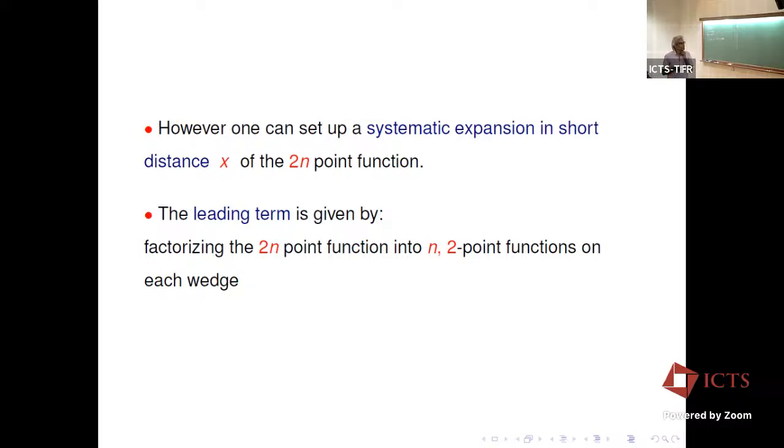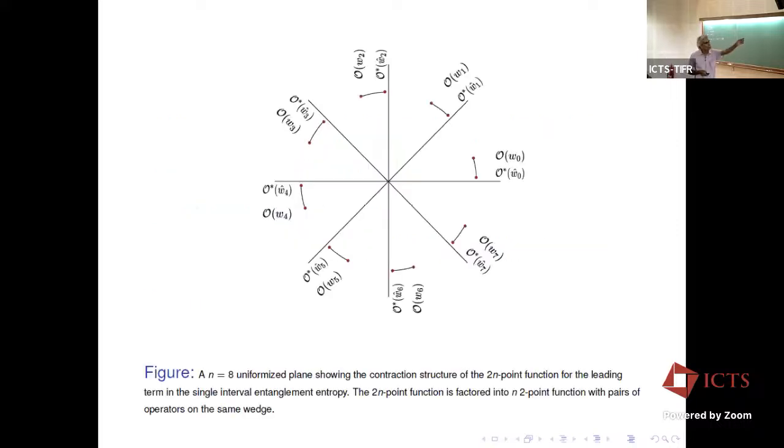So the leading term in the 2n point function is when you Wick contract, or you bring these operators very close by, because the distance between these two, they are on the circumference of the unit circle, is 2 pi x. The first contribution is just, you contract these, you bring them together, because that's the OPE expansion. So that's the leading contribution.